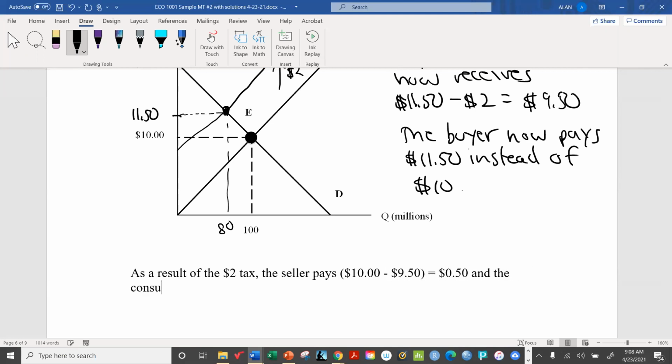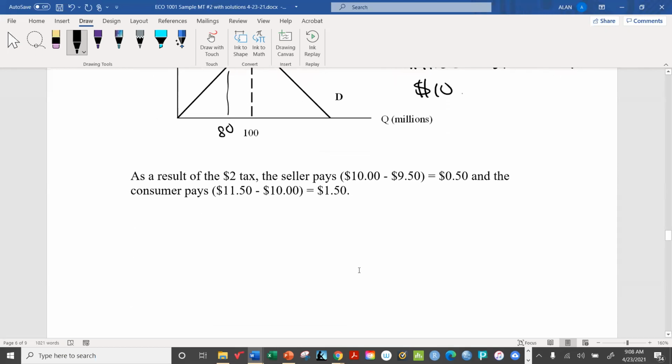And the consumer pays $1.50. So the tax was split to a certain degree, but not equally. And since the consumer paid most of the tax, that would imply that the demand is relatively inelastic.